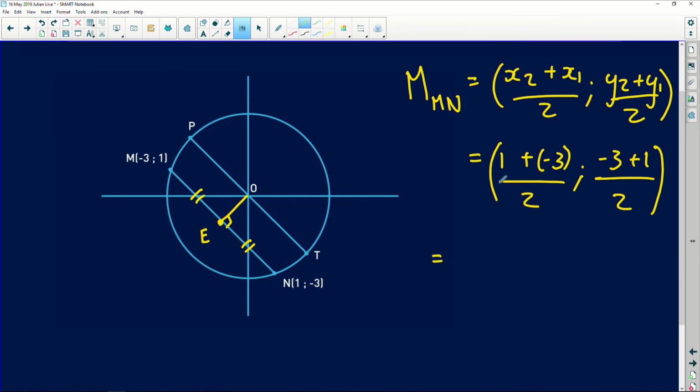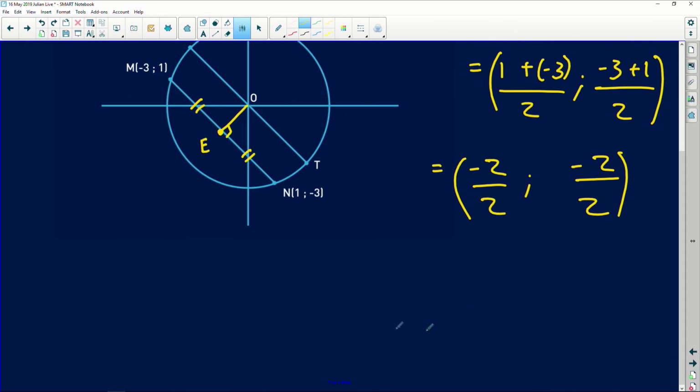Okay guys, so 1 minus 3 is going to get me to -2, and divide that by 2. And then we're going to get -3 plus 1, which is going to get me -2, and we're going to divide that by 2.